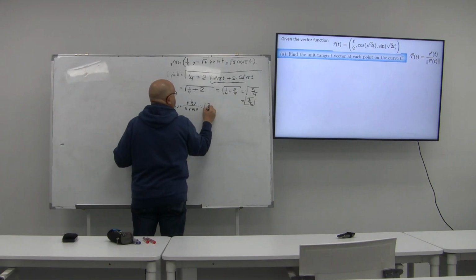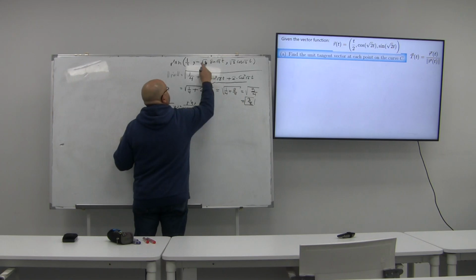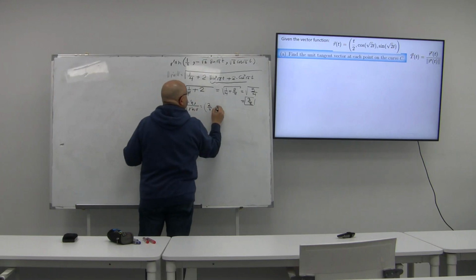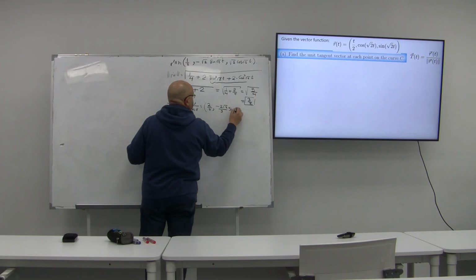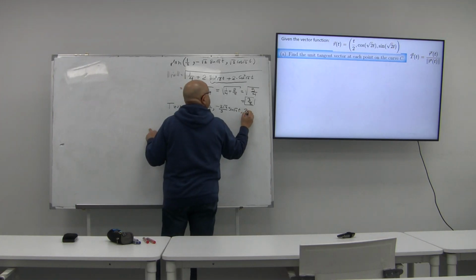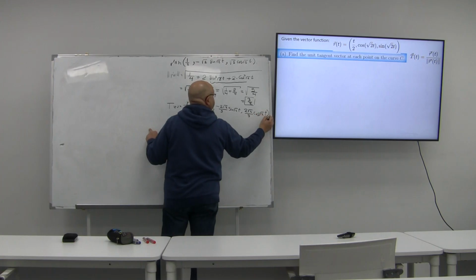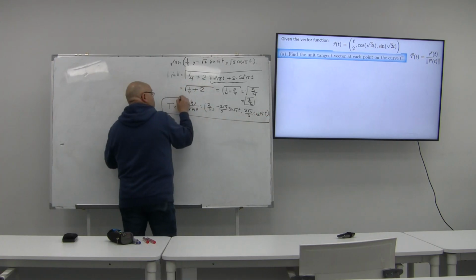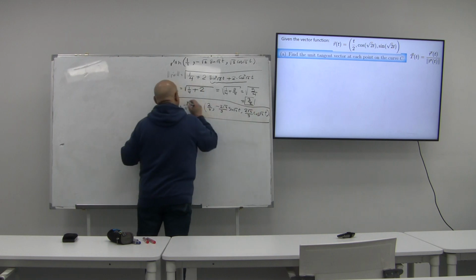So it comes up to 2 over 3 times this, giving negative 2 root 2 over 3 times the sine of root 2 t, and in a similar manner 2 root 2 over 3 times cosine root 2 of t, and that's mainly the tangent equation that we need to find.